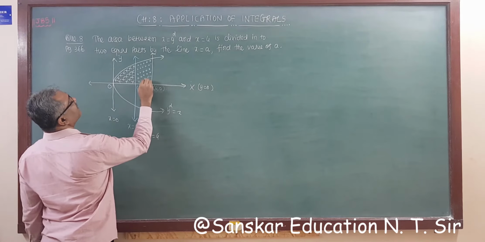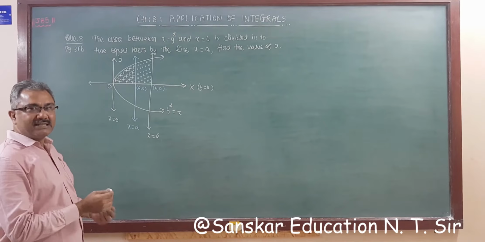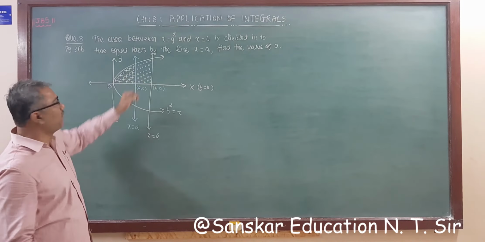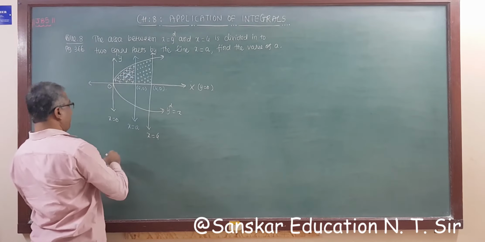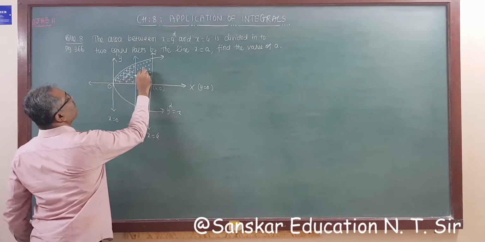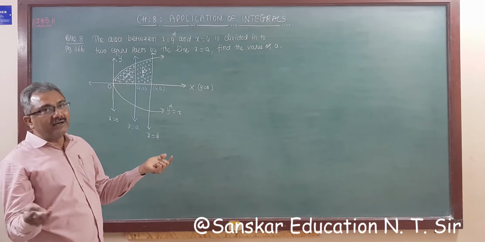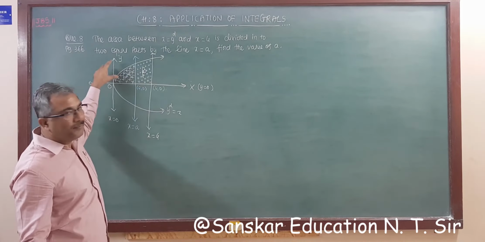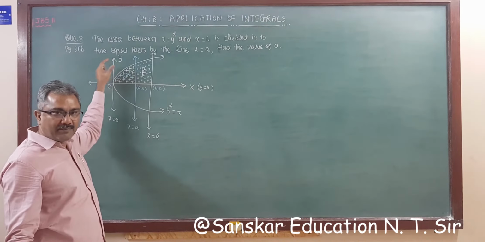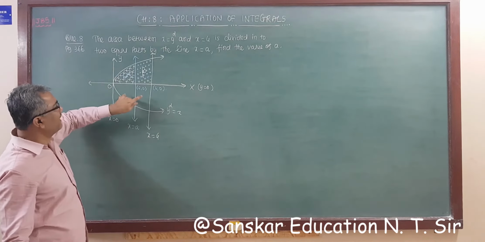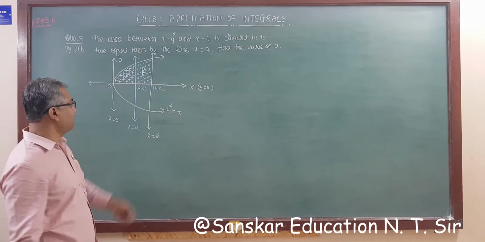As given in the question, these two parts are equal. That is, I1 is equal to I2. Either if we say this is alpha and this is beta, so alpha and beta portions are the same, and we are considering only the first quadrant, upper plane, right? We are not considering this because this parabola is symmetric about the x-axis.